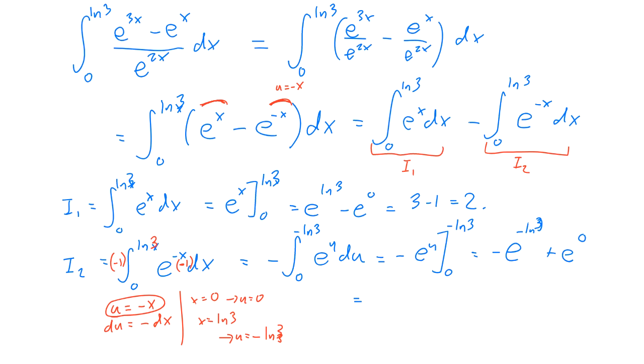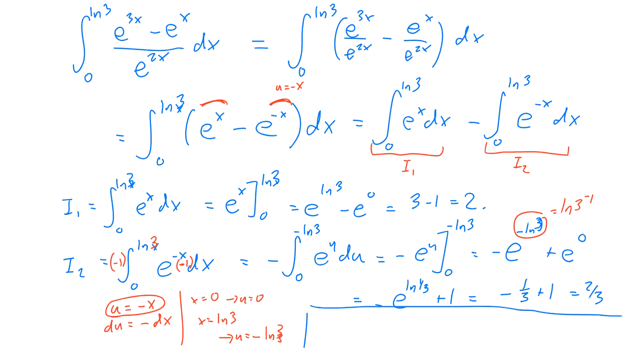Using rules of exponents, negative natural log of 3 is the same as natural log of 3 to the negative 1 power. So this is negative e to the natural log of a third plus 1. So that's negative a third plus 1, which is 2/3. So all that work, I'm getting 2/3.